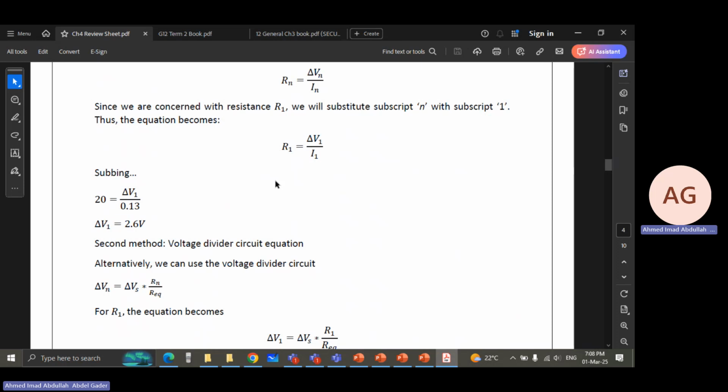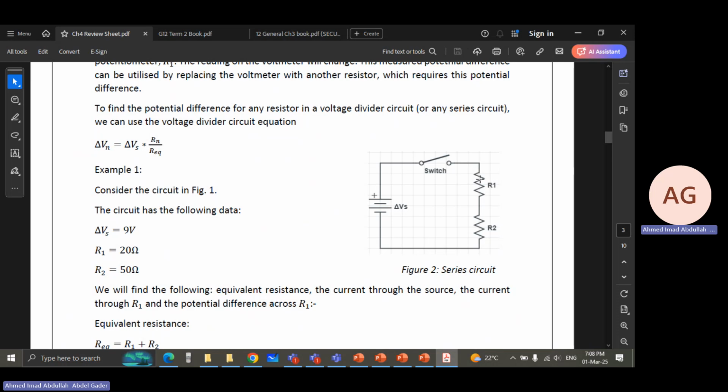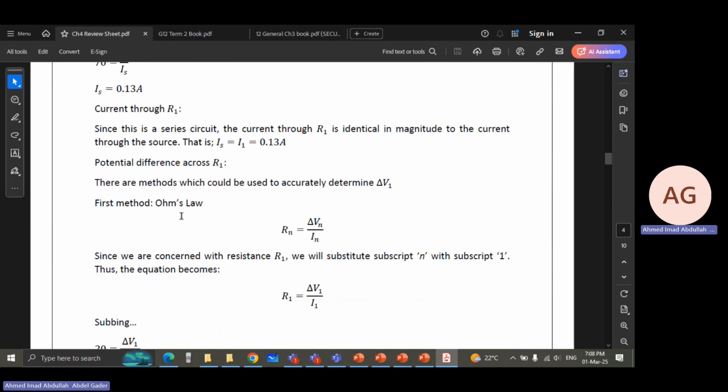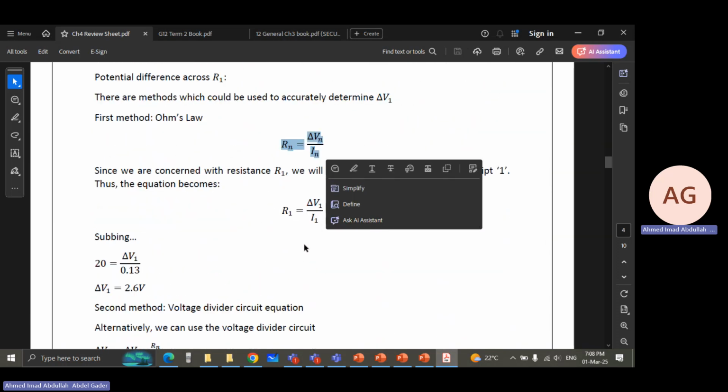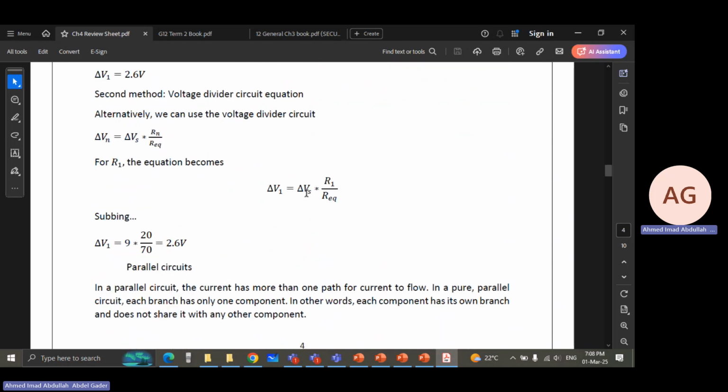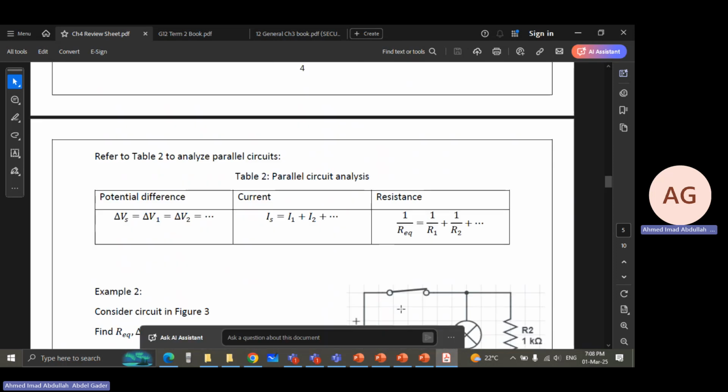Read along, you can see how we can find delta V1, the potential difference across resistor 1, since we know that the current going through R1 is the same as the current going through the battery. Now we have two knowns. We know the resistance R1 and we know the current I1. We can find delta V1 using this variant of Ohm's law. Applying, you can feel free to pause, of course, and follow along. We can do the same, of course, with delta V2.